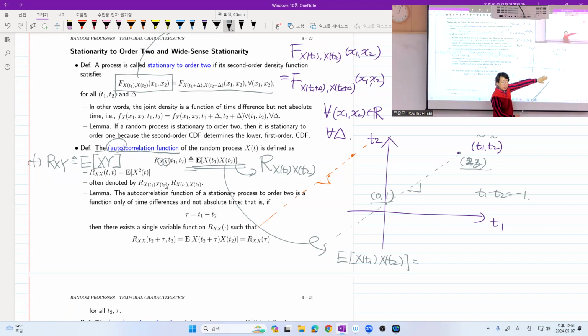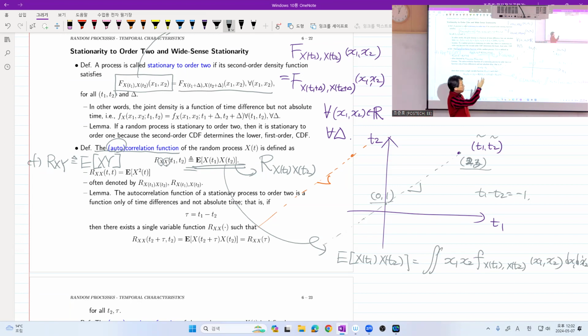Integral or summation of value times probability. So you have values, let's say x1 and x2, and probability, let me use the joint density of X of T1 and X of T2 as a function of x1 and x2. And then let me integrate over x1 and x2. So this is the definition if the joint density exists.